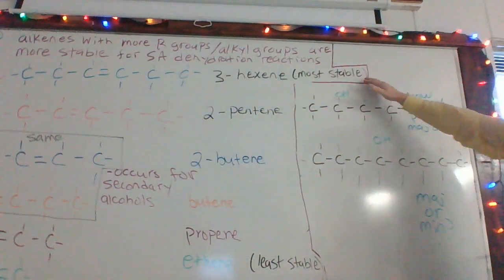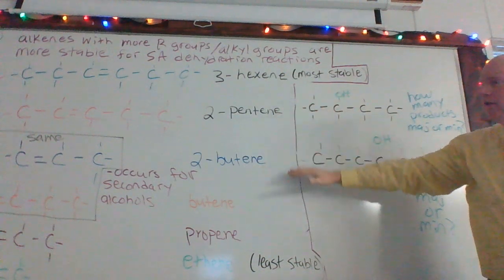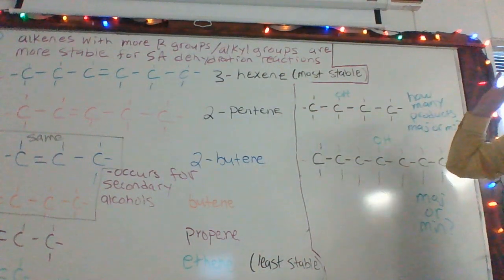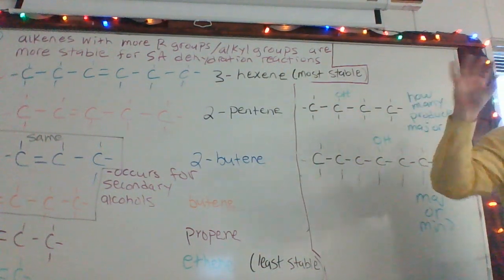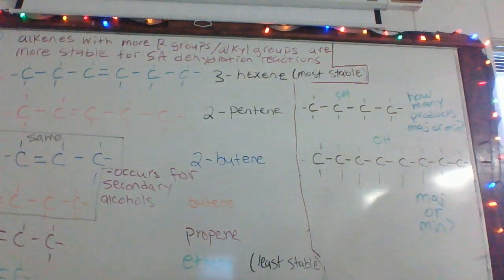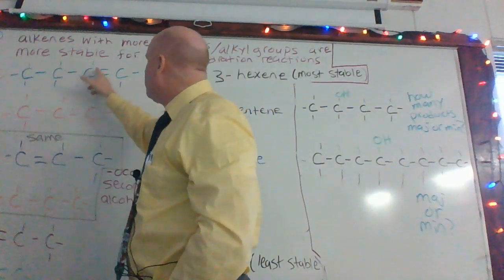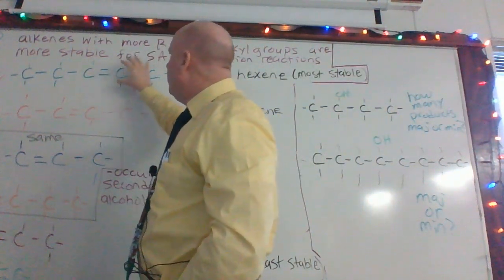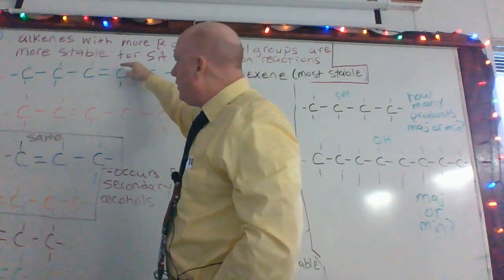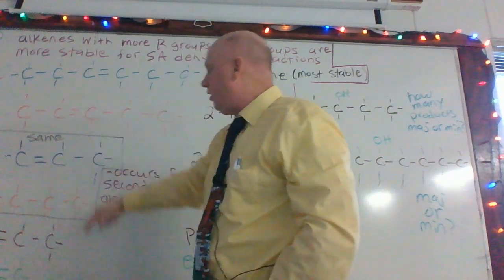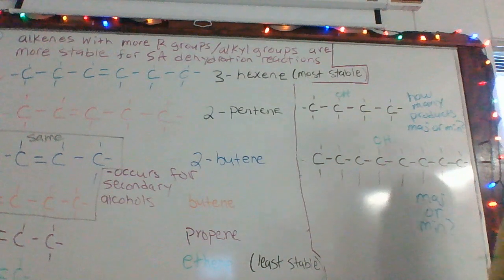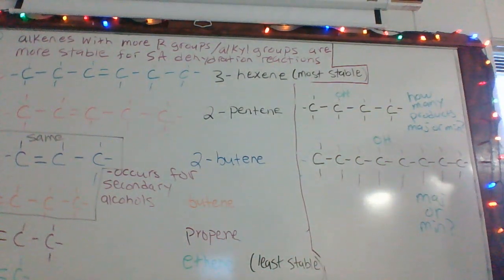And that's what this is trying to tell you down here, that the larger the carbon chain, and where that OH is located, whether it's on this one or this one, this is going to be the most stable. Because notice, as we get lower in carbon numbers, they start to become less stable.